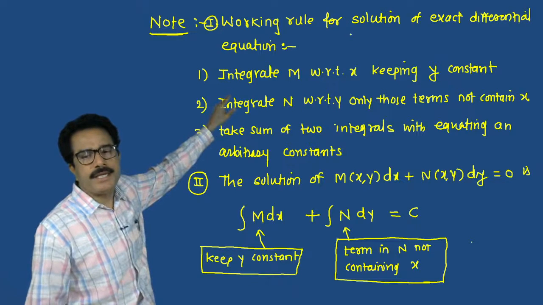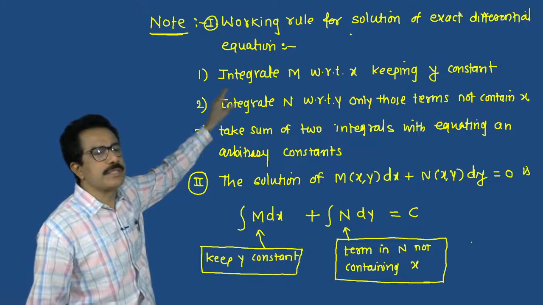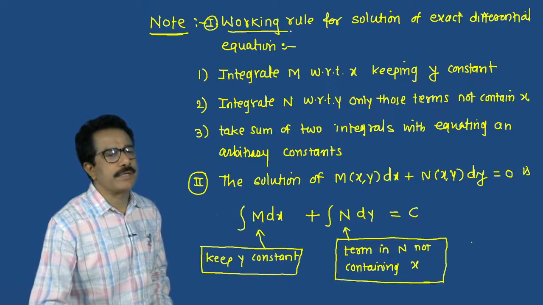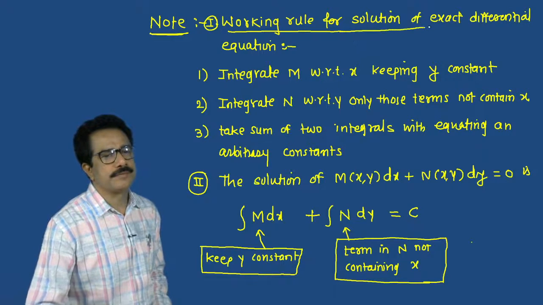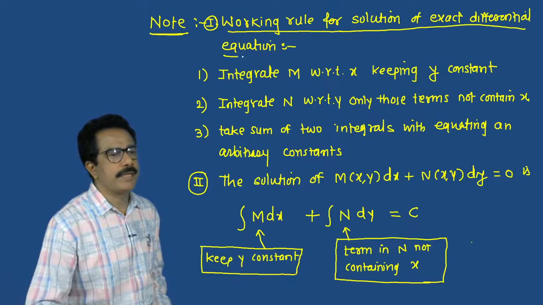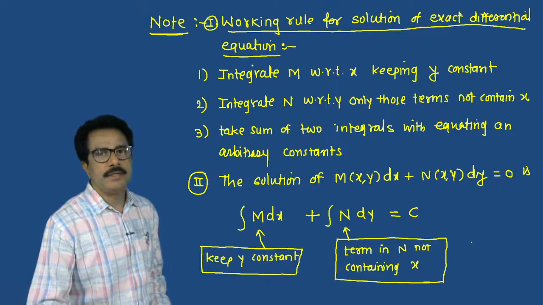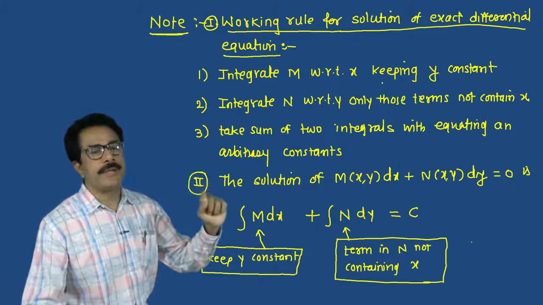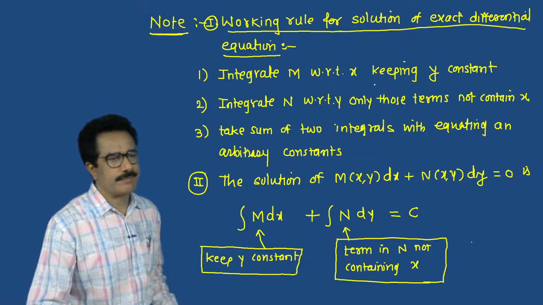See this working rule for the solution of a differential equation that may be an exact differential equation. First of all, integrate M with respect to x, keeping y constant.